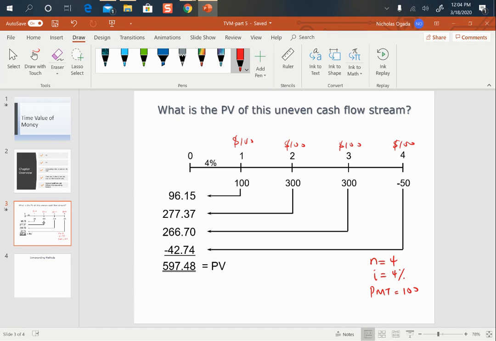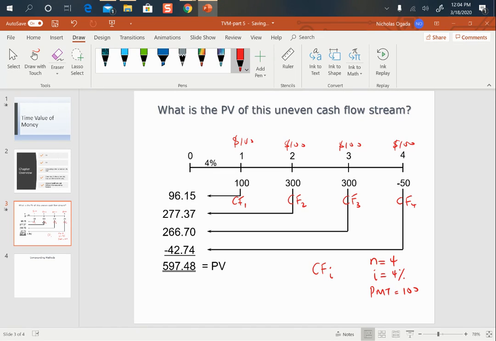The only difference, you'll end up using the CF key on your calculator. This is basically the cash flow key, and you're going to have different cash flows. You're going to have, for example, a CF1 cash flow. This will be a CF2. You'll have a cash flow year 3, and you'll have a cash flow at year 4.